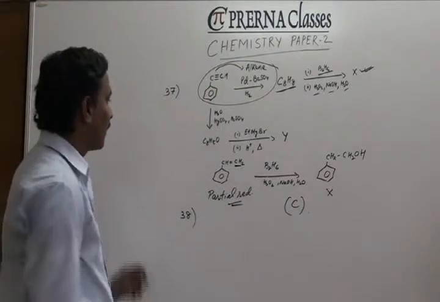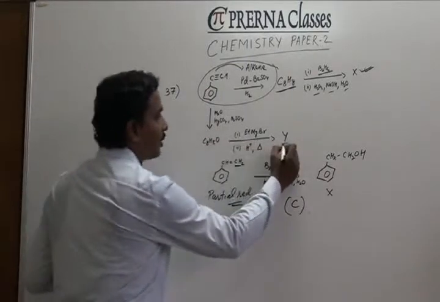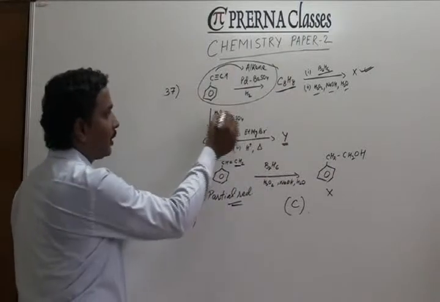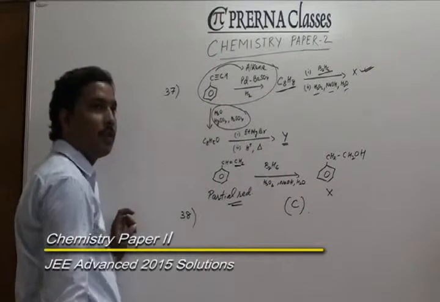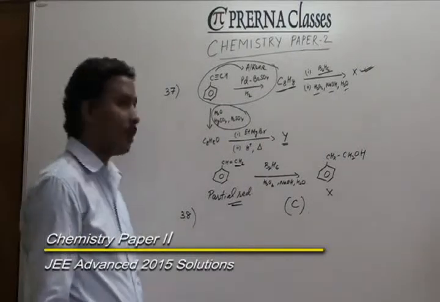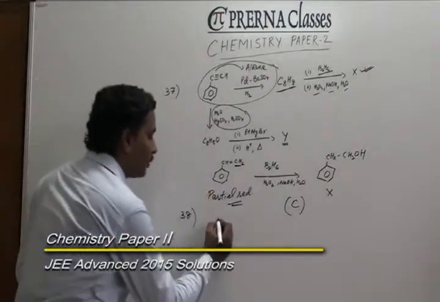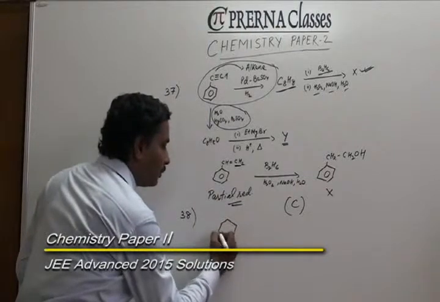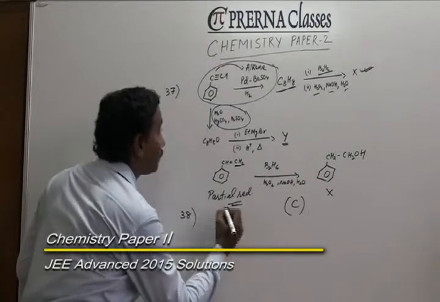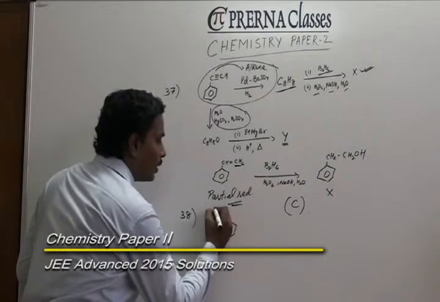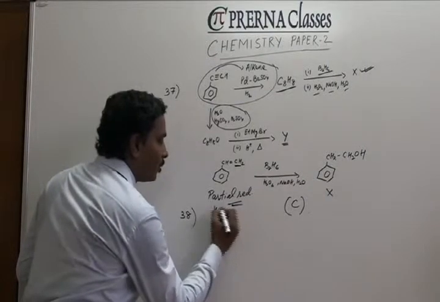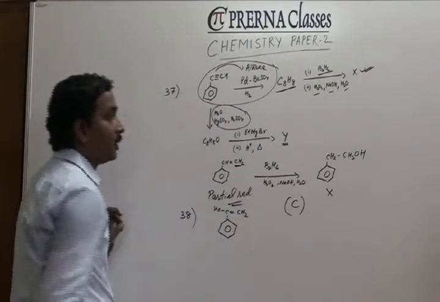Now we have to find the structure Y. When it is reacted in presence of H2O and HgSO4, H2SO4, it is oxymercuration and demercuration. So it is first of all converted into an OH group on the double bond CH2.